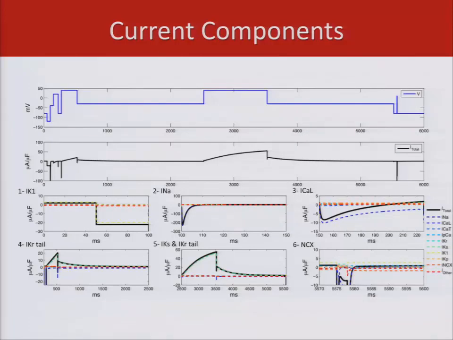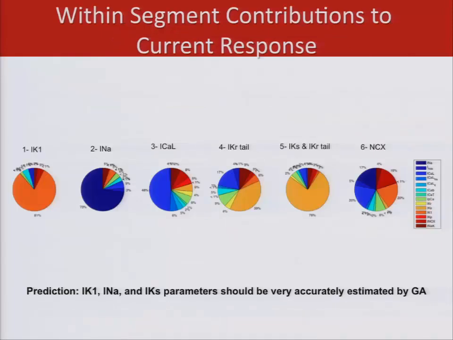So for example, one of the potassium channels is activated below negative 100 millivolts, while sodium is closer to 0 millivolts. So what came out of this analysis and development was a prediction that those ion channels that were well represented, namely that they had a dominant component in some part of that voltage step protocol, the genetic algorithm should be able to use that information, and we should get very good estimates of the particular parameters, in this case IK1, INa, IKs.